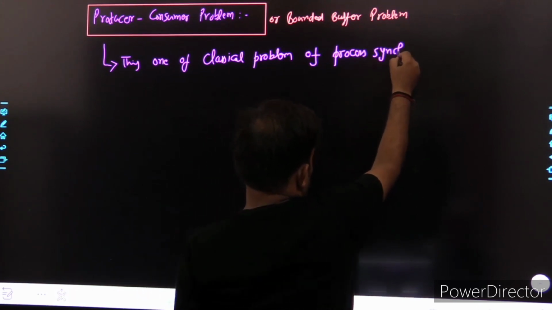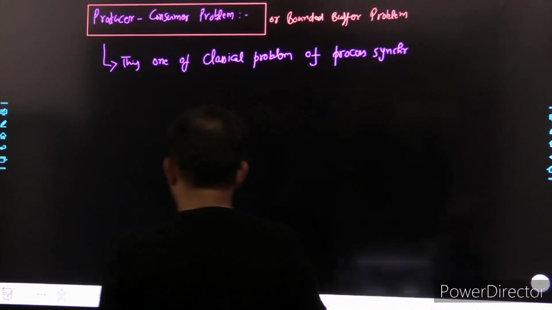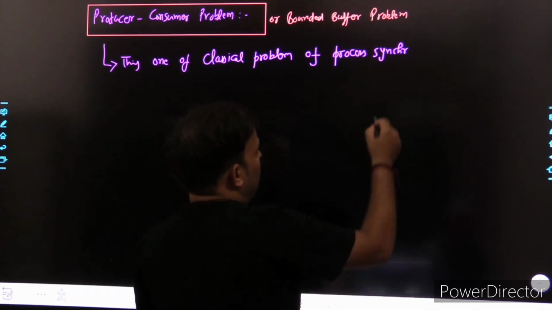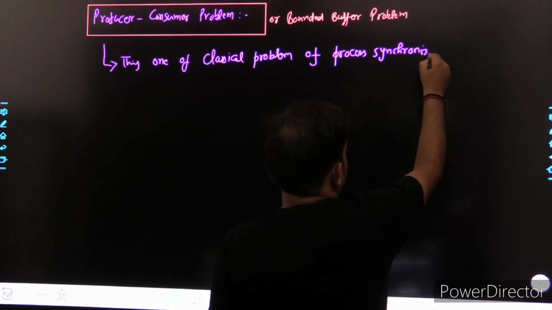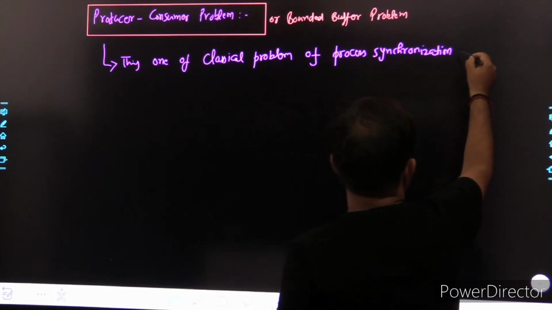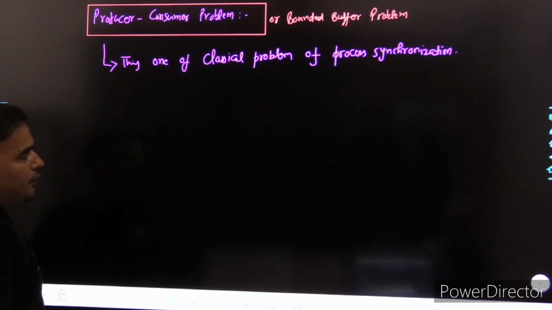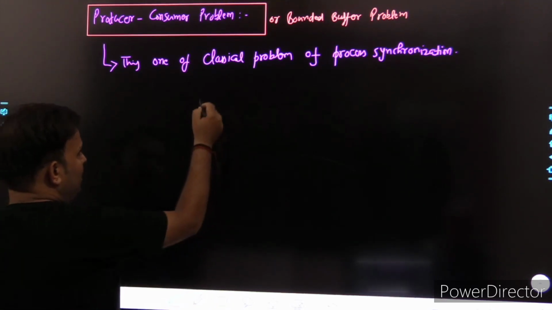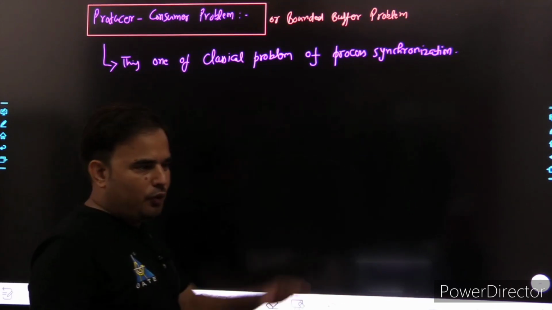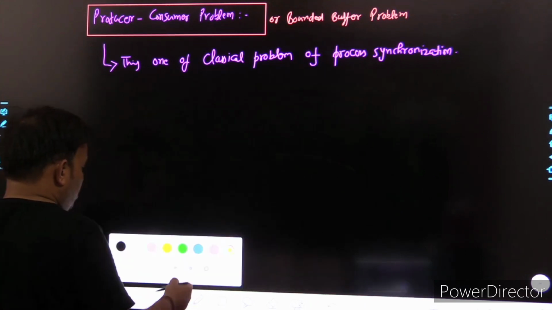We have more classical problems of process synchronization, but this is one of them. First I am going to give you all the basic points, then we will take the code for the producer and for the consumer, and we will see the execution of the producer and consumer code.